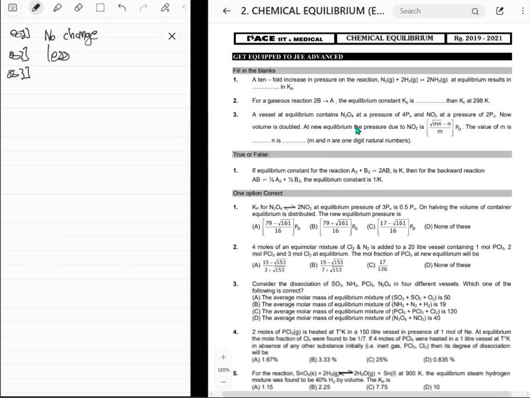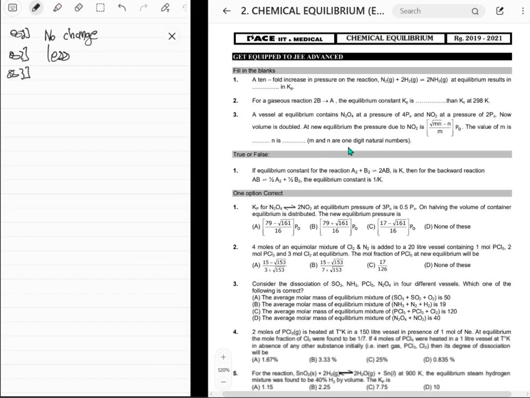A vessel at equilibrium contains N2O4 at a pressure of something and NO2 at a pressure of 2P naught. Now volume is doubled at new equilibrium. The pressure due to NO2 is this thing P naught. The value of M is and N is fine.